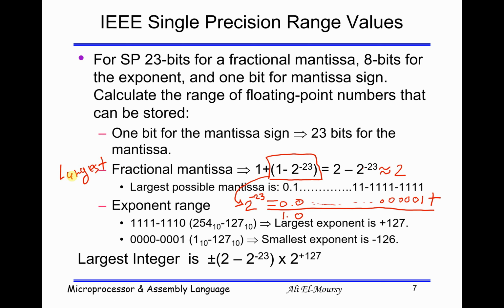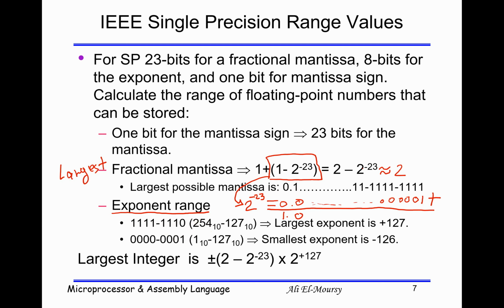Can we calculate the largest exponent? Yes, the largest exponent, as our previous slide indicates: the exponent range for the normalized number is from 1 0 0 0 0 0 0 1 till 1 1 1 1 1 1 1 0, because 1 1 1 1 1 1 1 1 is reserved for infinity and not a number. So this is the largest representation for the exponent. Remember that our exponent is biased, so this number is 254.